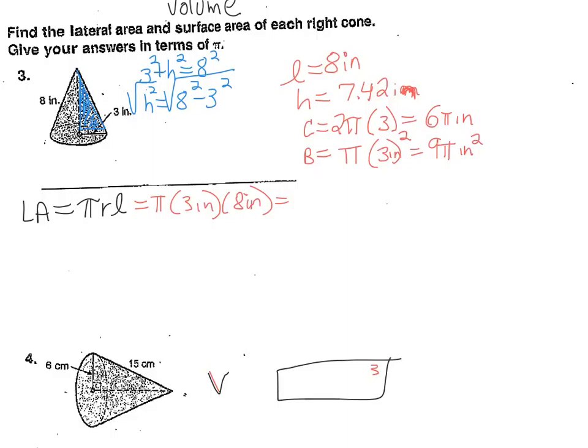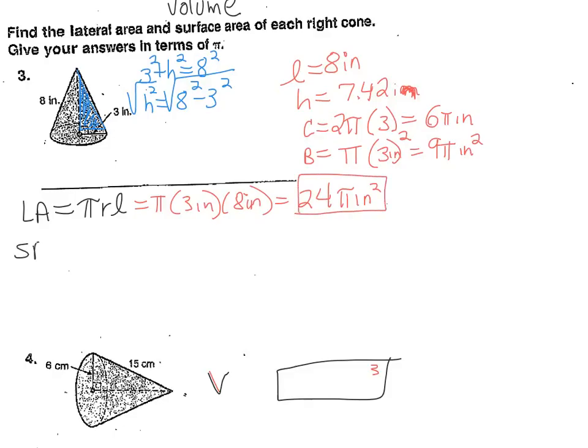This is 8 inches. Because it says to give the answer in terms of pi, it is just 3 times 8, which is 24. Then you put the pi, and the unit of measure is inches times inches, which is square inches. So this is the lateral area.